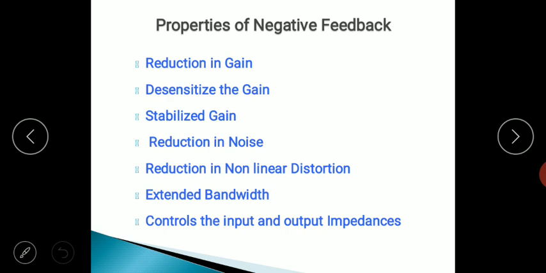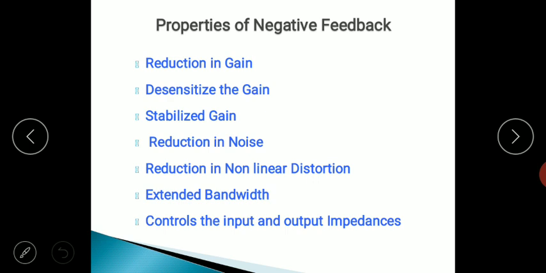The first important property, which is obvious, is that negative feedback decreases the gain of the amplifier, and we have already seen it decreases the gain by a factor of 1 plus A beta. So reduction in gain is the first important property. Second is desensitizing the gain.